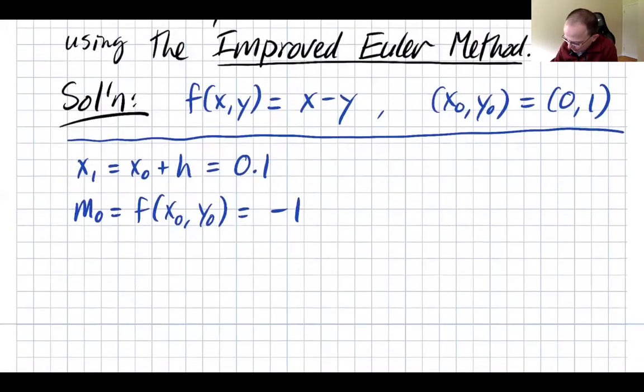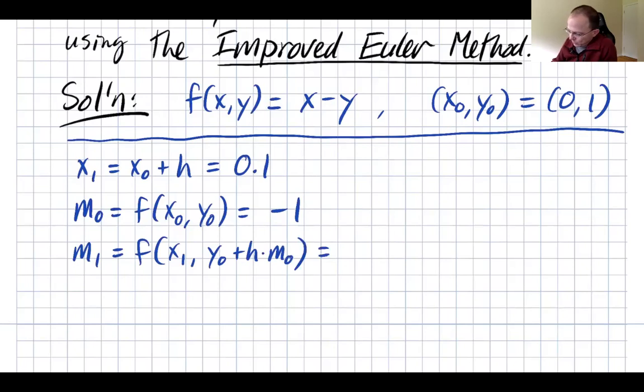And then we compute m1. So m1 is going to be f of x1, and then we're going to do y naught plus h times m naught, like that. So I will calculate this on the computer.